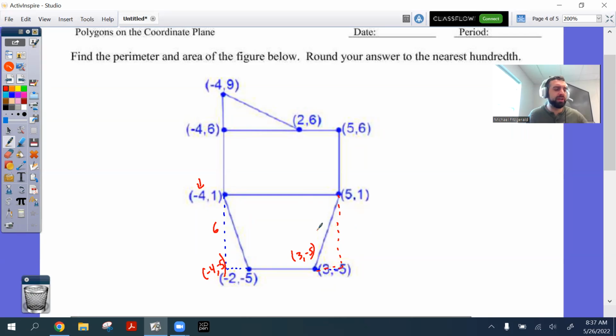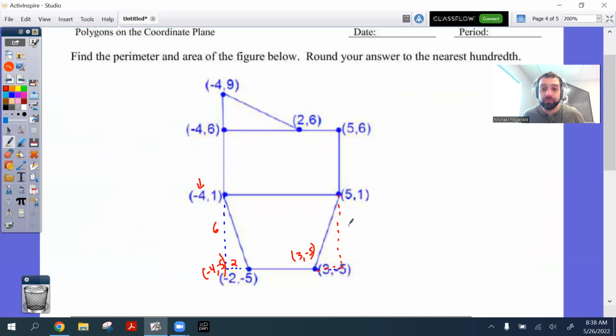Same sort of thing with here. Let's do this guy first. Here we are at the y coordinate of -5, and here we're also at the y coordinate of -5. So here I only move laterally. I'm only moving from this -4 to this -2. So we know this length is 2. Same sort of thing with here.